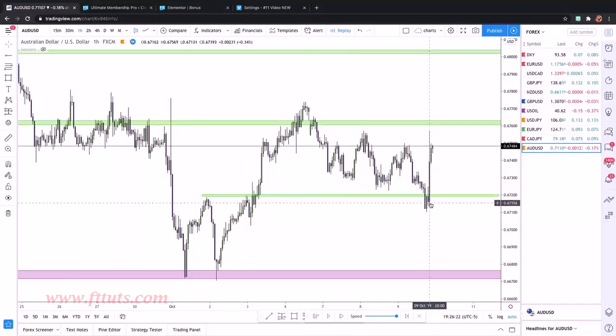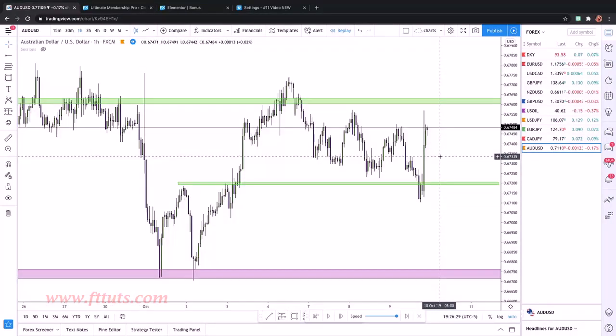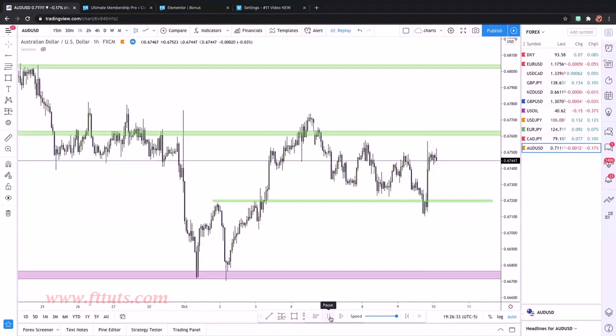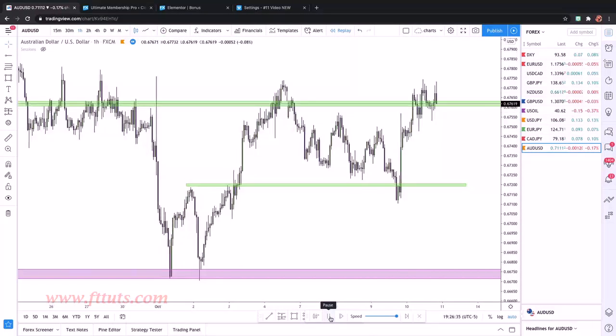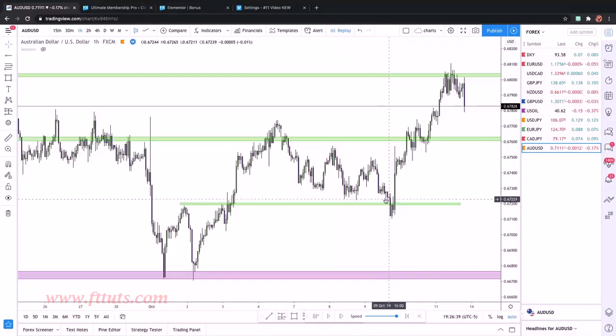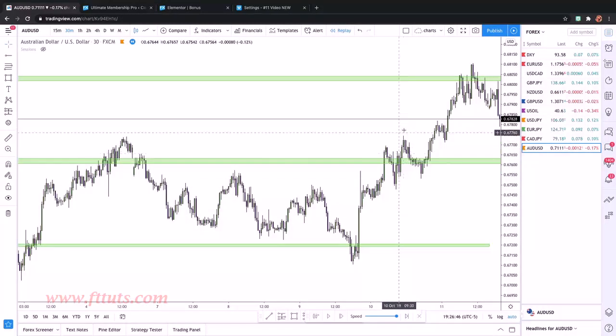So what ends up happening is it starts to fake out, and then this is another buy entry because eventually this level is going to break and it's going to go to the high. But let's just see how this plays out. Okay, so our entry would be around here. So if we break it down to the 30-minute time frame, we can see right here that it failed to break.